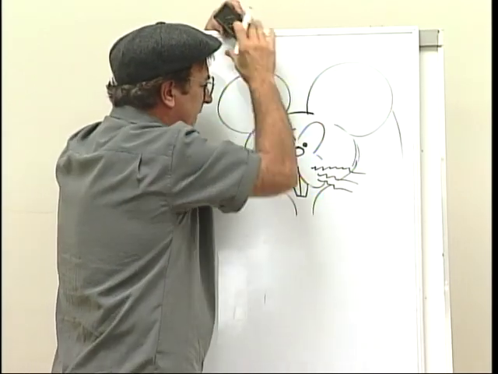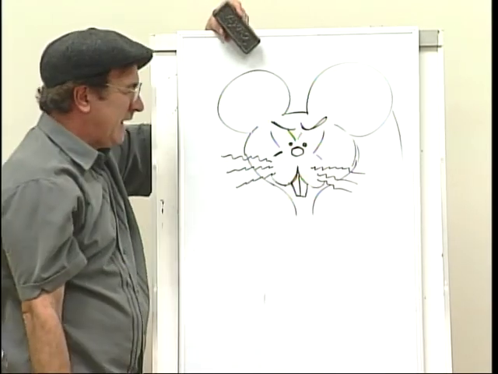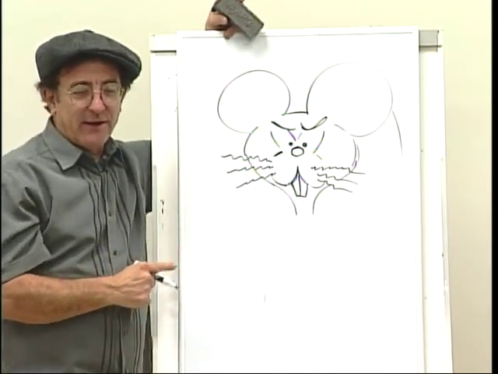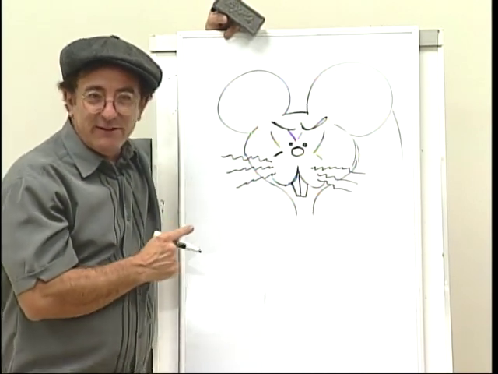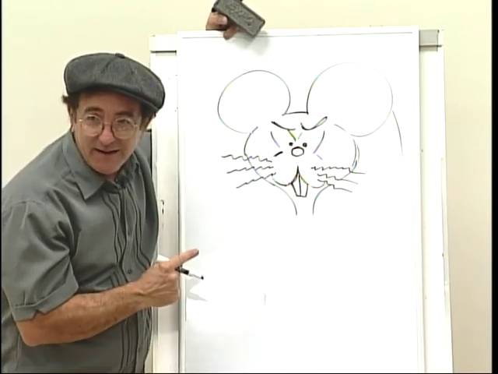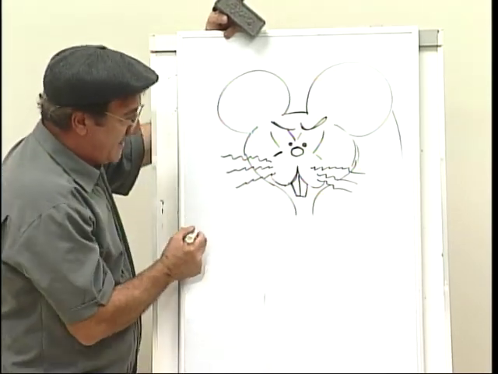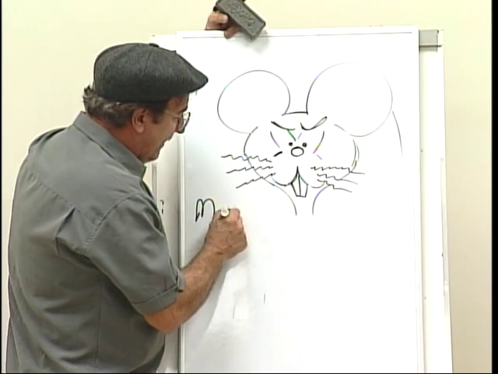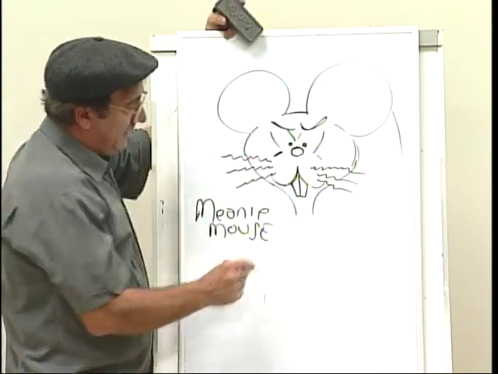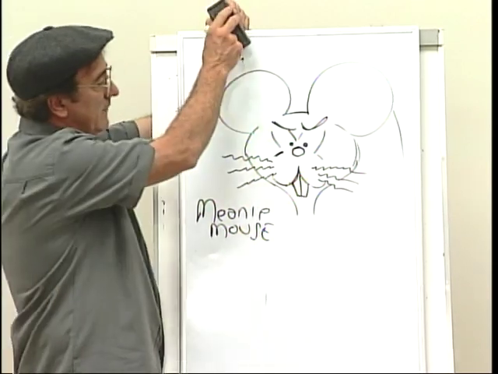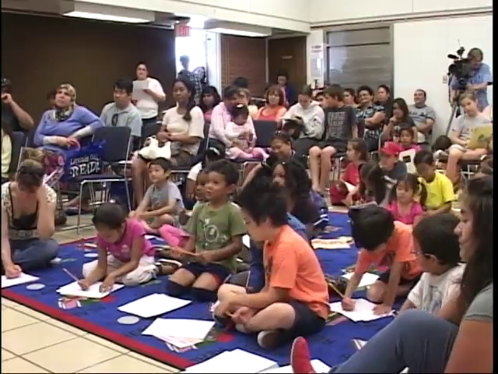This mouse, I'm going to do this with the eyebrows. Some people thought it started to look like Mickey Mouse. This is my character. His name is Meanie Mouse, because he's a meanie, not Minnie. He's not a very nice mouse. Okay, and all mice like cheese, right?